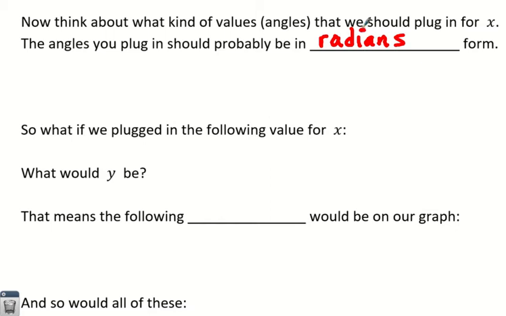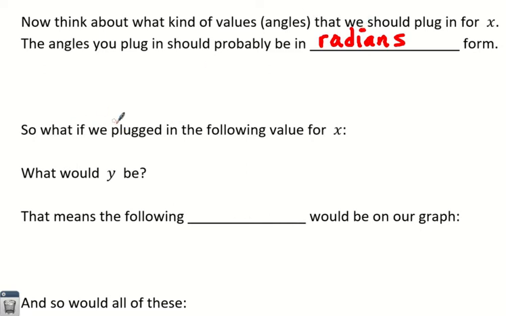So again, for the x-axis, it makes more sense to think of those values being in radian form than degree form. So we're actually going to be working with radians as we graph these things, okay? So we should probably be plugging in x values that are in radian form.